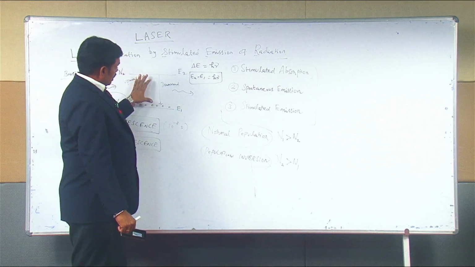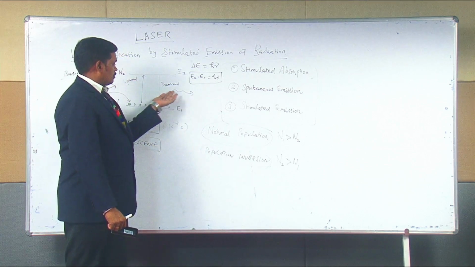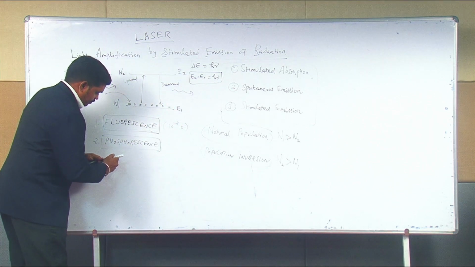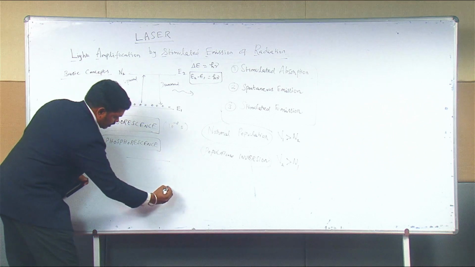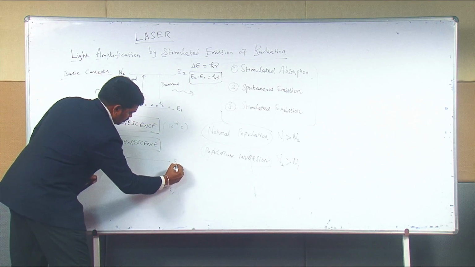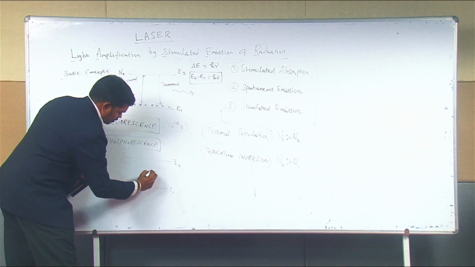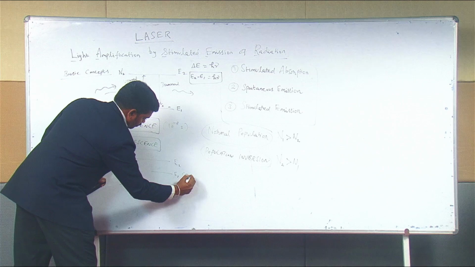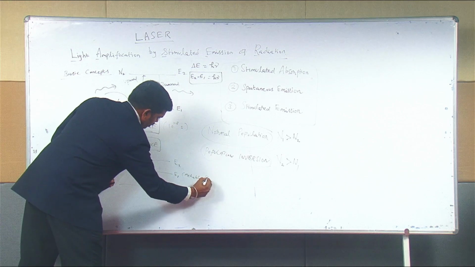There is one more energy level, called a metastable state. Normally for laser action it requires 2 energy levels. Furthermore we have one more energy level, the metastable state, to achieve further laser action.